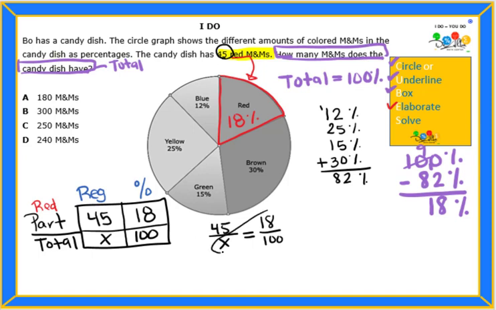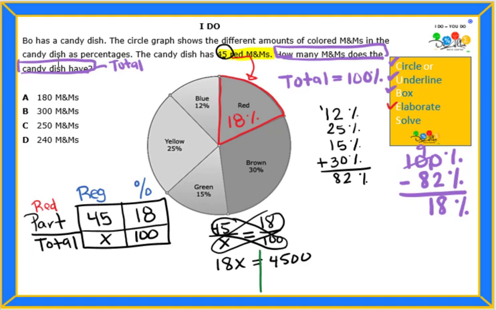So if we multiply 18 times x, we get 18x, and that is equal to 45 times 100, which is 4,500. Let's remember that when we have an equation, we want to make sure that we do the same thing to both sides of the equal sign.